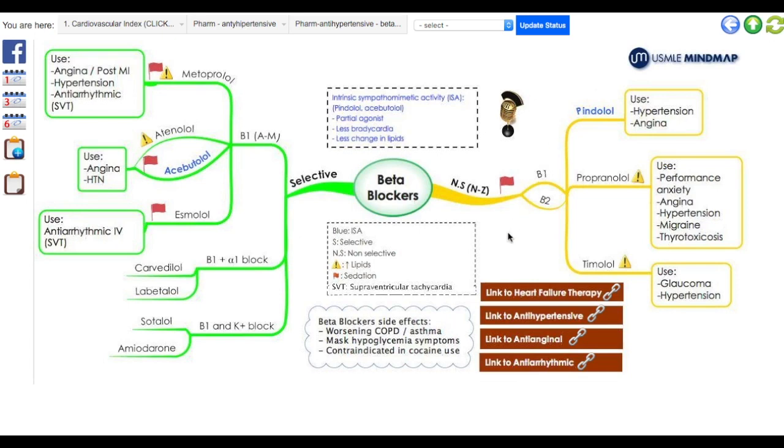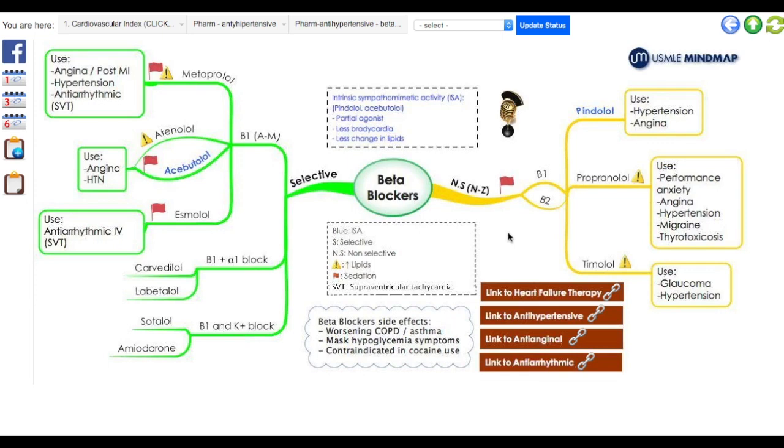The details are to the right of each one of these non-selective beta blockers. On the left-hand side, top left, we have selective beta 1 blockers. These drugs mostly affect beta 1 with very little or insignificant effect on beta 2 receptors.